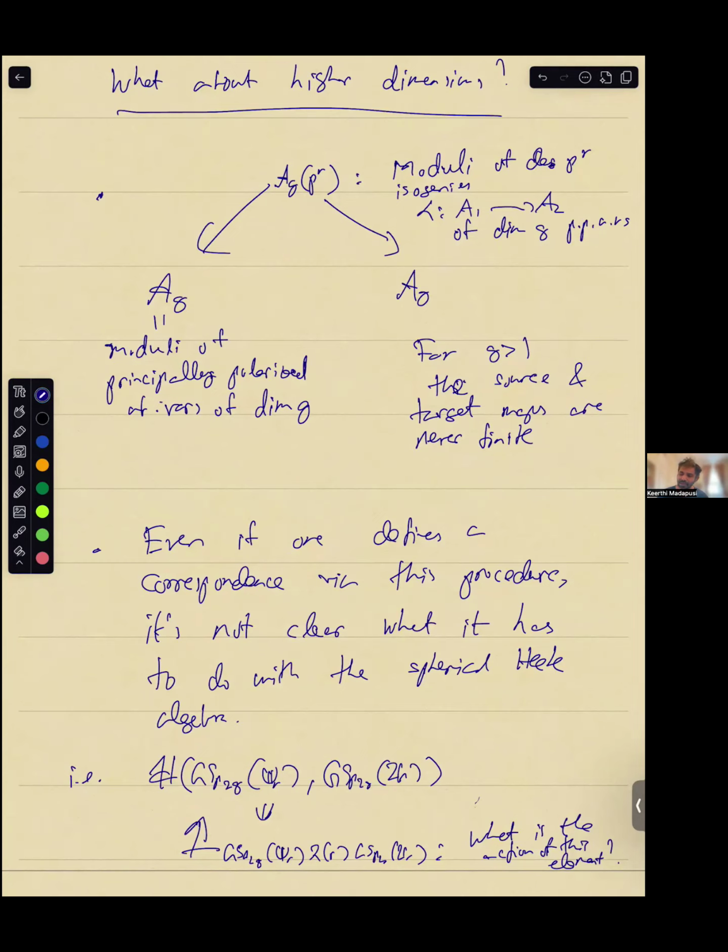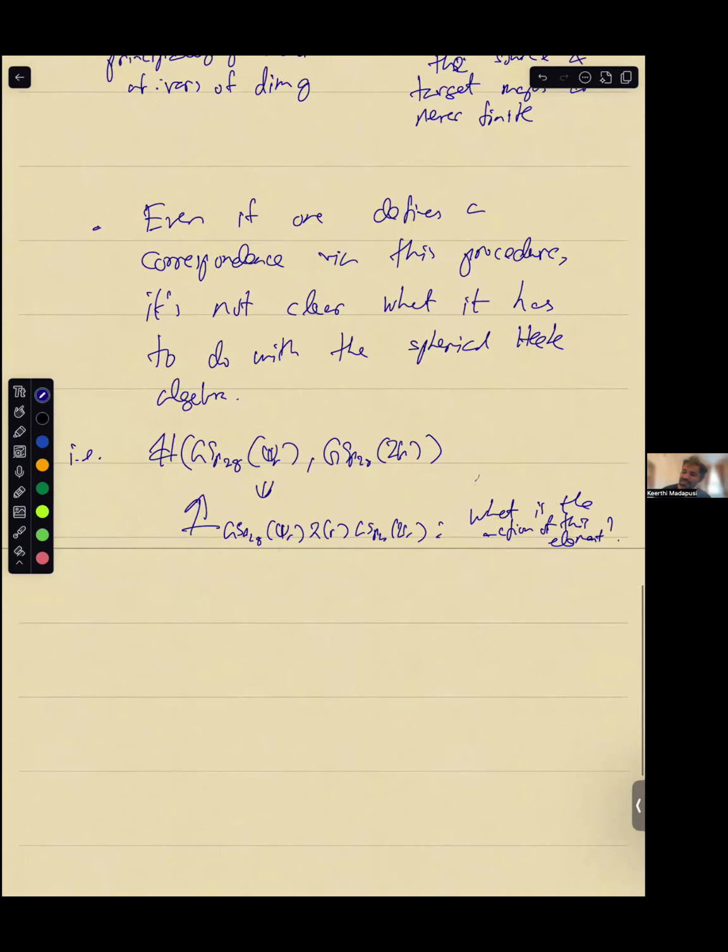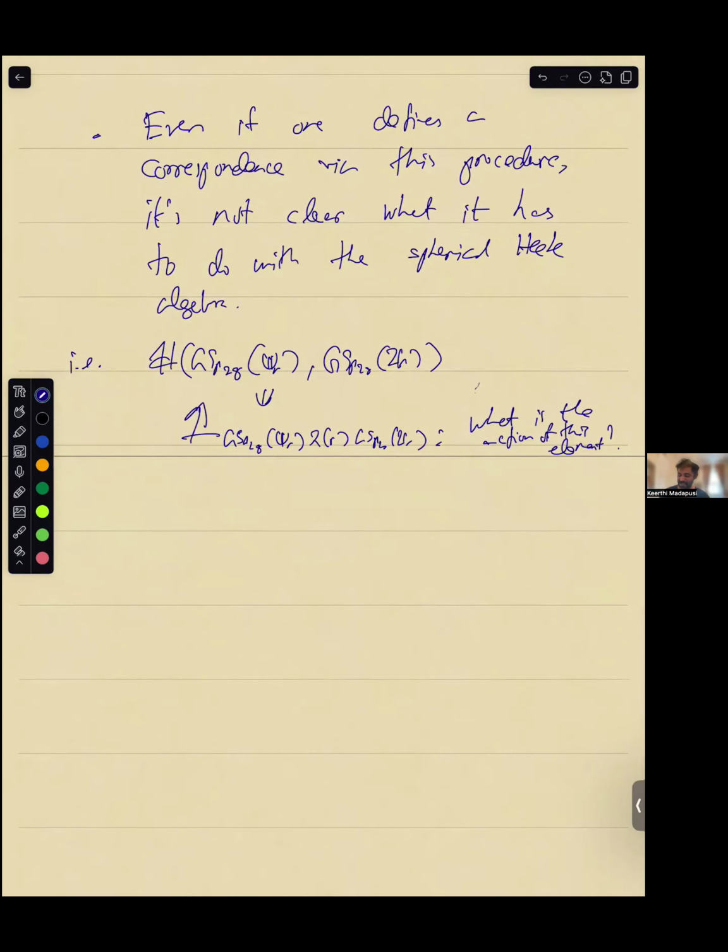And so at least for the definition of isogenies in this context, all you really care about in this local context is isogenies of p-divisible groups. And that's what we will try to access in a more systematic way.